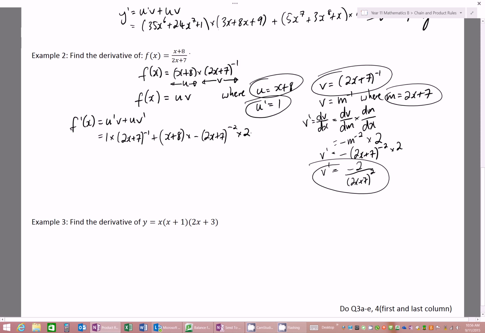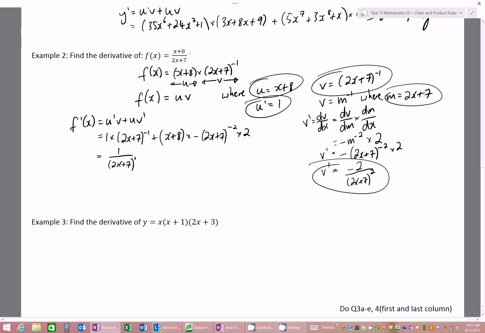We've actually got to simplify these as well. I think the easiest way to simplify it when there's negative powers is to write them as their appropriate fractions. There's 2x plus 7 to the power minus 1. I'll bring the 2x plus 7 down and make the power positive.